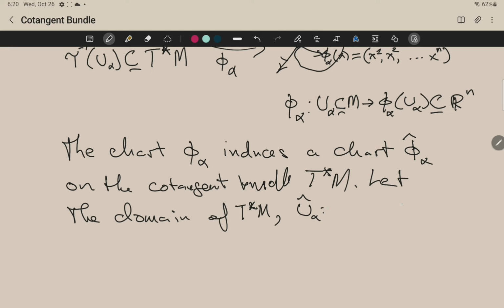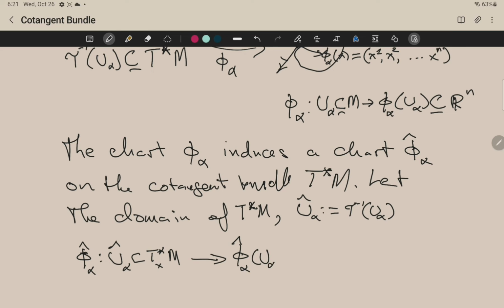I define that as U of alpha with the hat on it, which is inverse tau of U of alpha. So phi hat is a mapping of the domain that we just specified, the subset of the cotangent bundle, into R to the 2n.